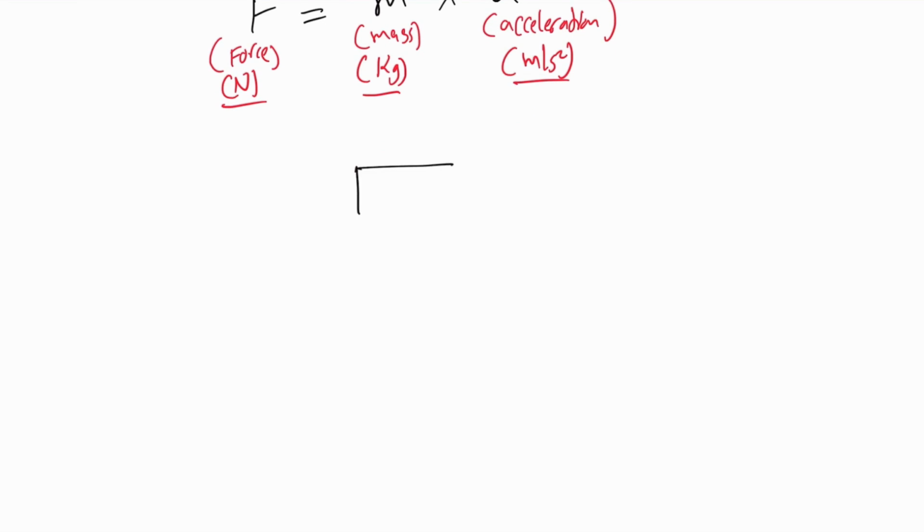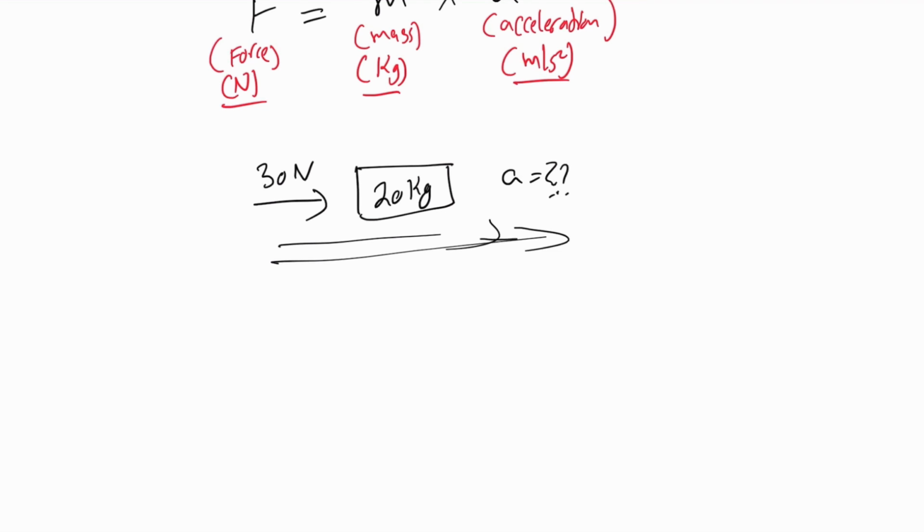Let's go through this with a demonstration by an example. If you have a box which weighs 20 kilograms, and I'm going to be pushing the box with 30 newtons, what would be the acceleration, which is the rate at which this object will start changing its velocity and moving forward?